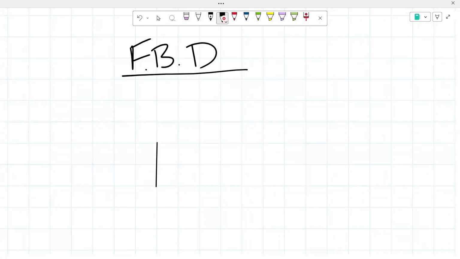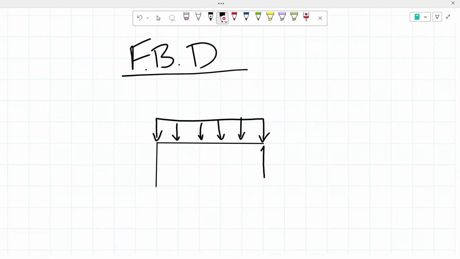Then from there, we have our member CD, right? We have this loading going on right here. We have a reaction right here that we already determined the value of, 800 newtons.